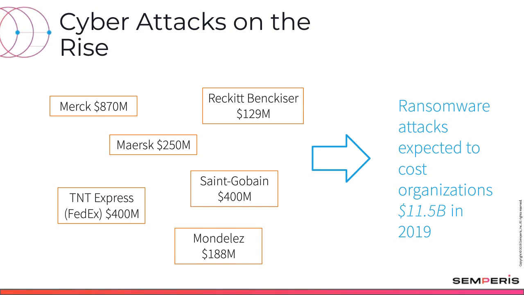But all of these attacks were from outsiders using very sophisticated malware that's easily available to hackers and criminal groups. And the estimate is for 2019 that there's going to be over $11.5 billion in costs due to external attacks by people using ransomware or other forms of targeted malware. That's a frightening change from the way things were, say, 15 years ago.